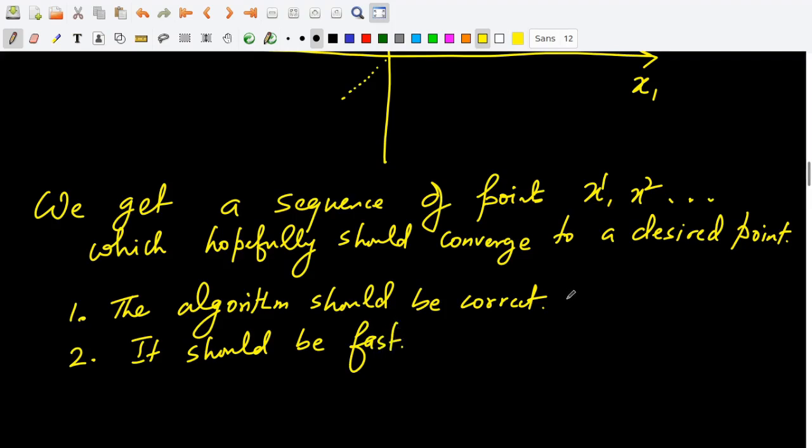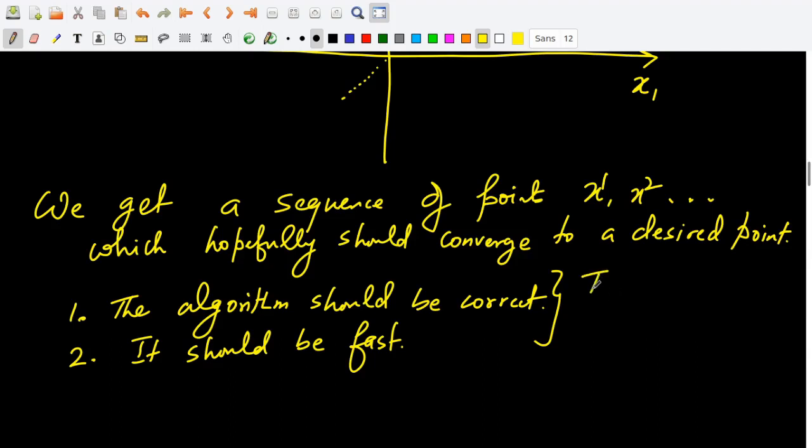So it's easy to think of various algorithms of how you can move around in an n-dimensional space. You can choose some directions, then take some step length and move again, and then move again and move again. The difficult part is actually proving that what you're doing is correct, and also analyzing how fast your method is.